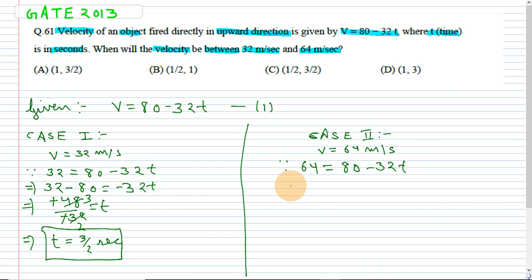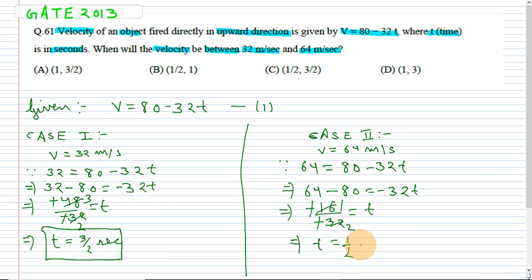Taking 80 to the left hand side, 64 minus 80 is minus 16, equals minus 32t. The minus gets cancelled, and 16 over 32 gives t equal to 1/2 seconds. So 1/2 seconds is coming from the second case, and from the first case the time is 3/2.